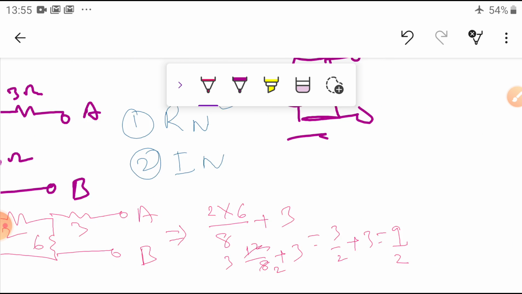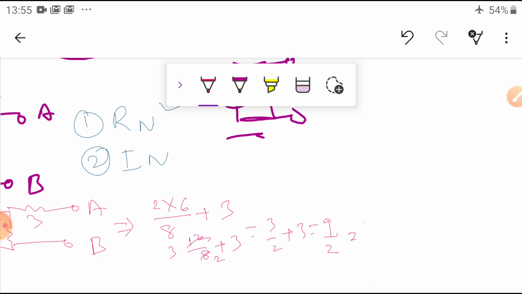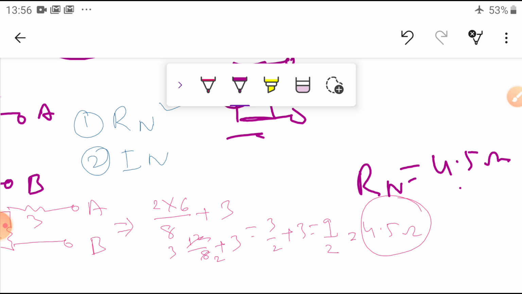So that is equal to 4.5 ohms. This is the resistance of Norton's, RN is equal to 4.5 ohms. We got it. What is the value? 4.5 ohms.